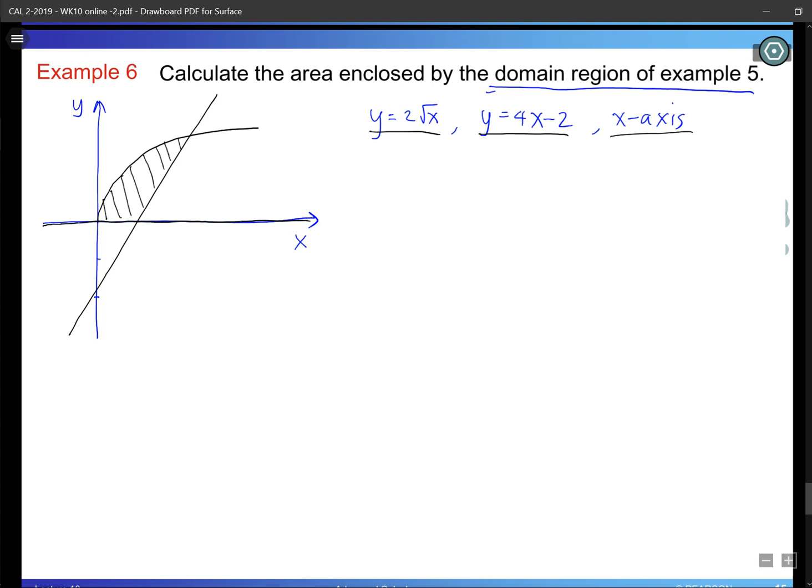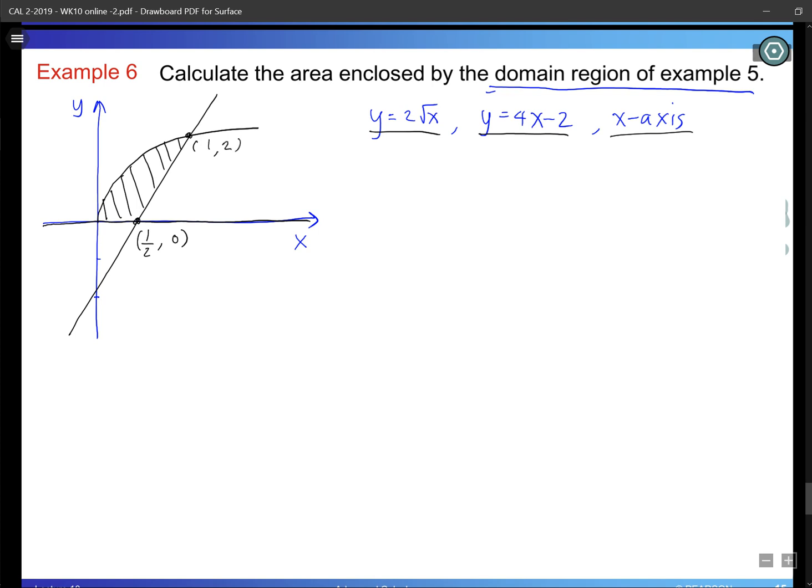All right. And that's what we found in example 5. We also found that this intersection point right here is 1 over 2 and 0 at this coordinate. And up here, another intersection at x equal to 1 and y equal to 2.